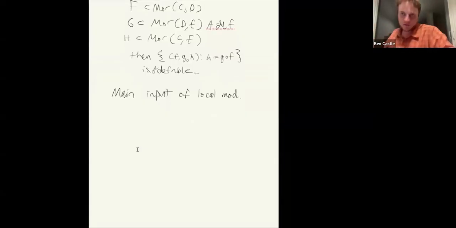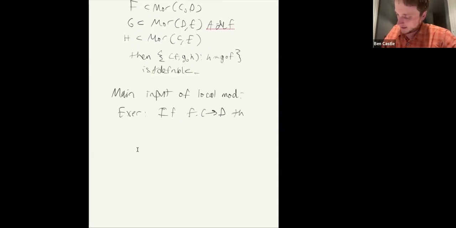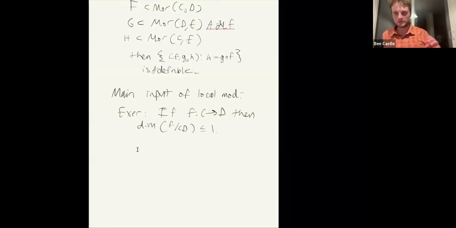What's local modularity going to do for this? Well, the main input of local modularity, and this is again listed as an exercise, is that if F is a morphism from C to D, we can give it a very clean statement: the dimension of F over CD is at most 1. That's local modularity said cleanly.